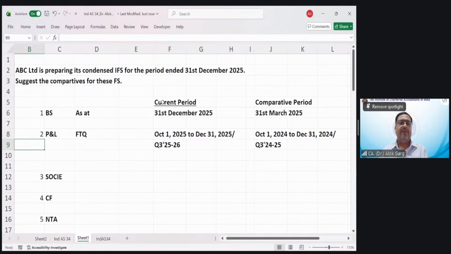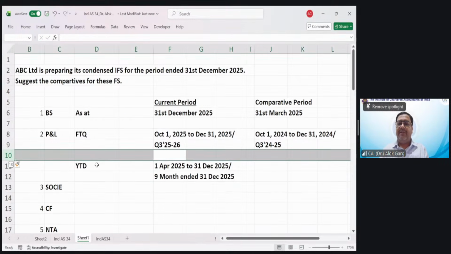Now, the P&L is required to be given for the quarter as well as YTD, year to date. What is meant by year to date? YTD, year to date, means 1st April 2025 to 31st December 2025, that is, 9 months ended 31st December 2025.